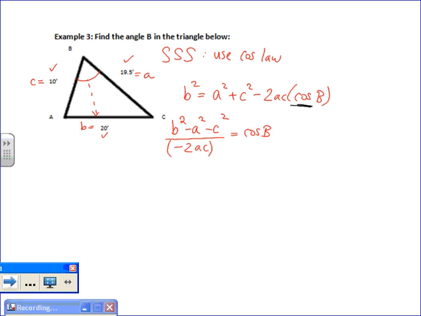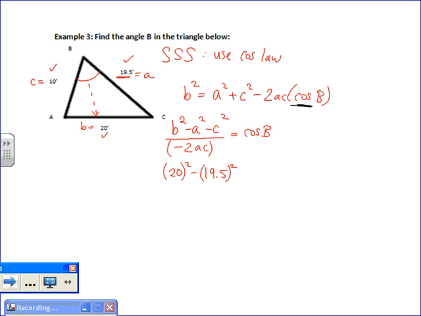Okay, let's go ahead and substitute in our values that we're given now. So we know B squared, it's equal to 20 feet, and we're going to square it. Minus A squared, and A is equal to 19.5, and we're going to square it. And that is 19.5 feet.